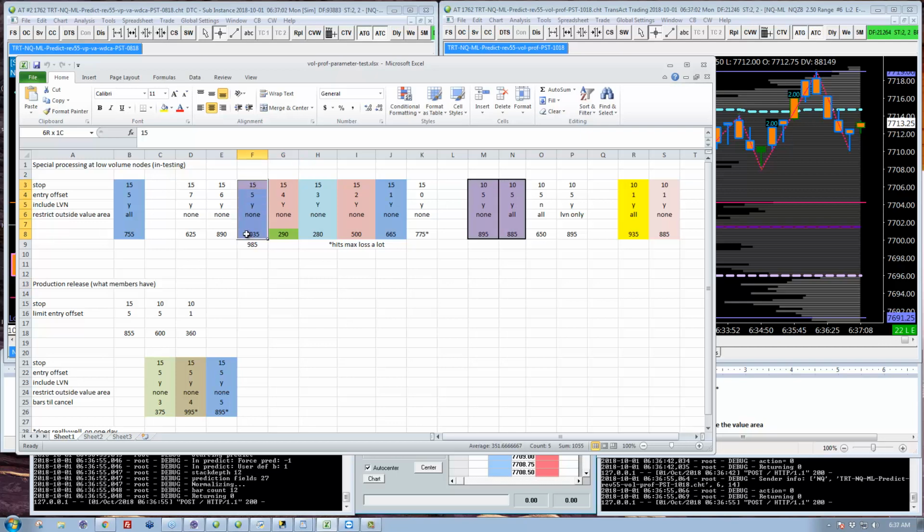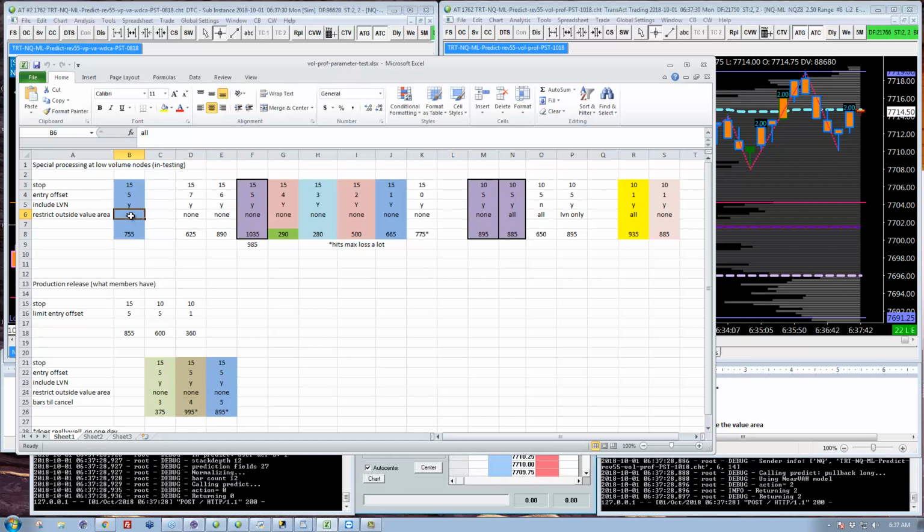But then, to be thorough, I started looking at different variations of those parameters. So the first one was over here, which was: keep everything else the same, 15 tick stop, 5 tick limit entry offset, include the special processing for low volume nodes, and this time restrict the movement outside the value area.